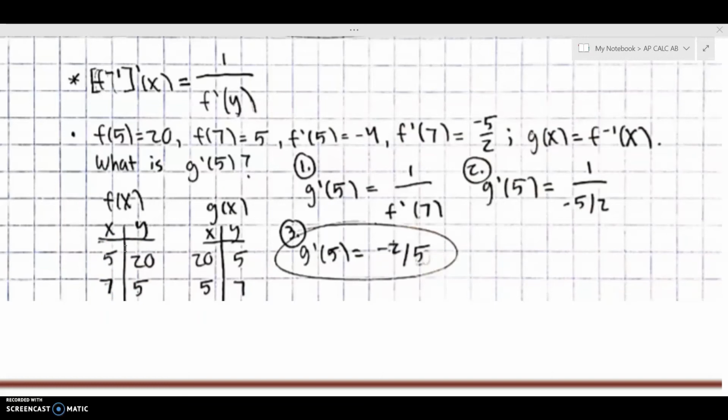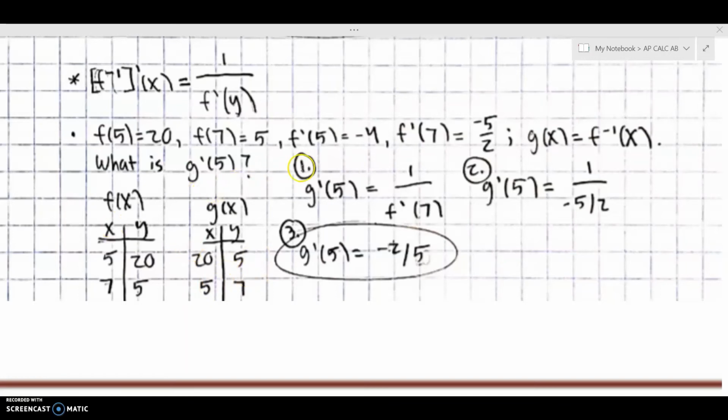And what we know about inverse functions, like I mentioned before, is all you have to do is swap the x's and y's. So these are 2 points on g of x, right? So all we did here was swap the x's and y's. We got 20, 5, 5, 7.